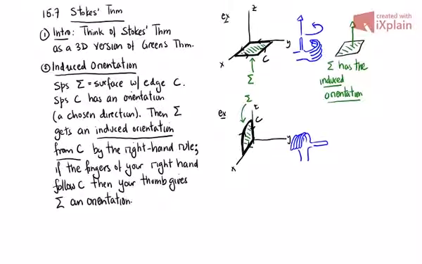That way the fingers are following C. The thumb is pointing left. So, I'll draw this back in the original picture, sigma gets an orientation that goes left as the induced orientation.